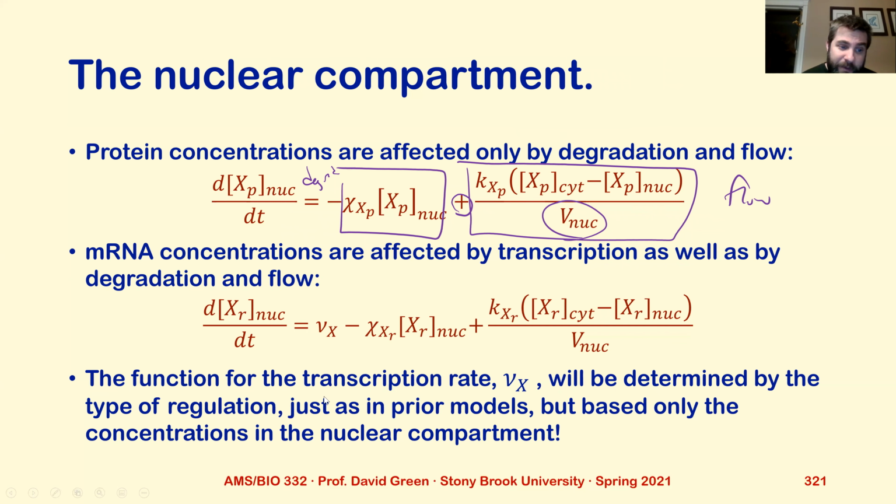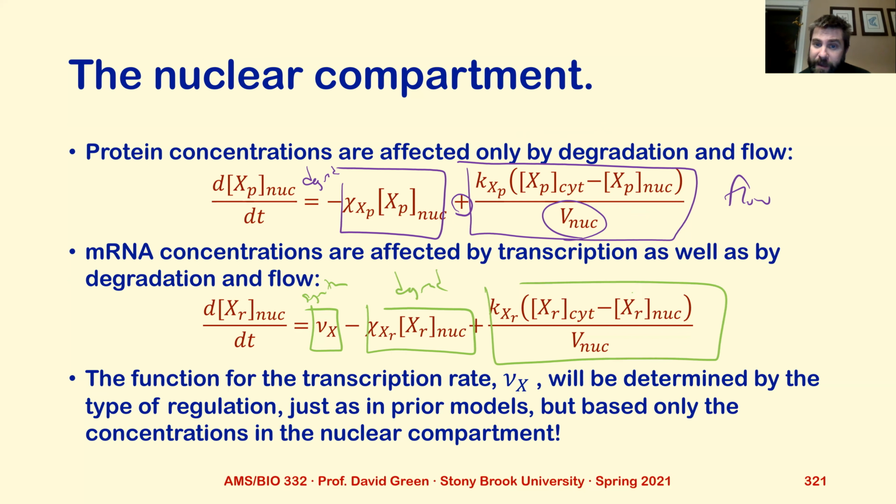For mRNA, however, this is now the case where we do have transcription allowed. And so for mRNA concentration in the nucleus, we will have a synthesis term, a degradation term, and a flow term.